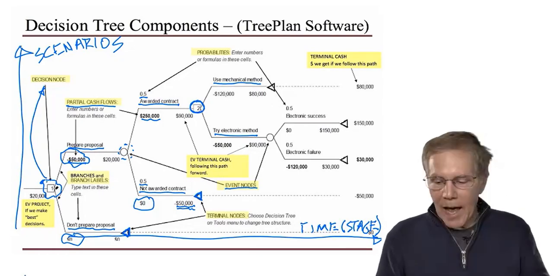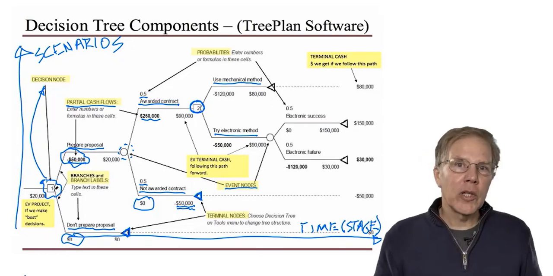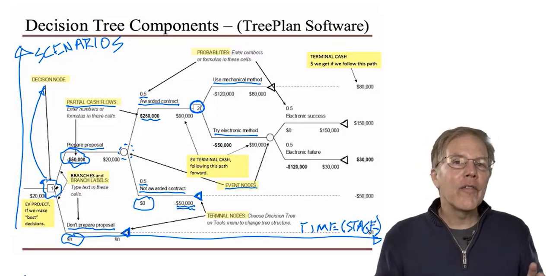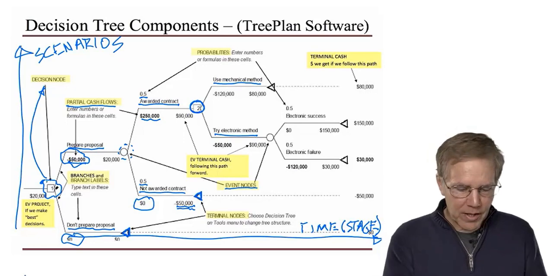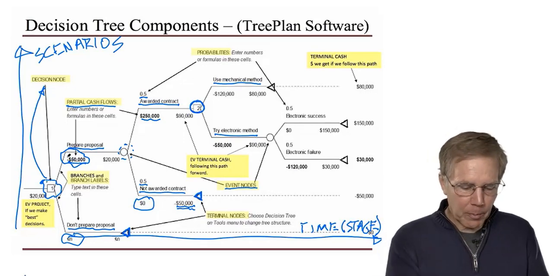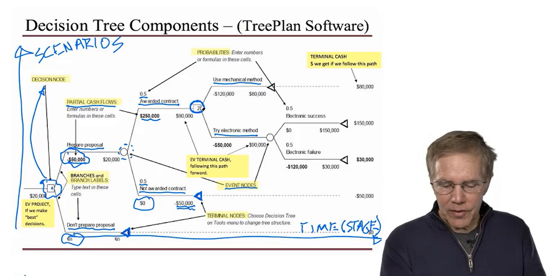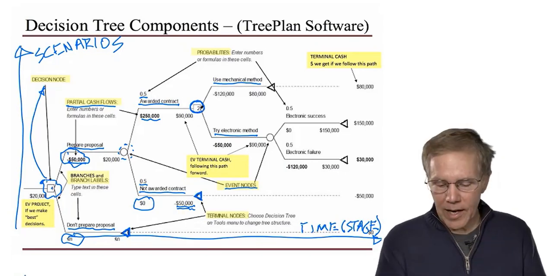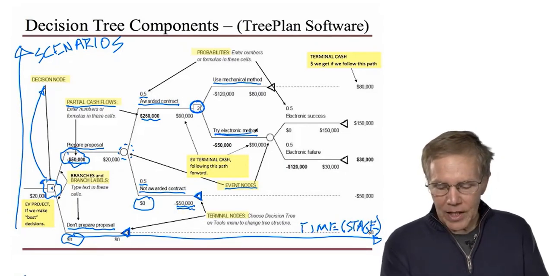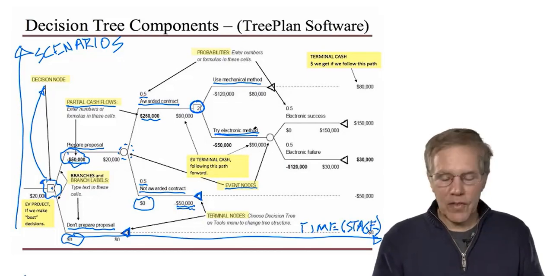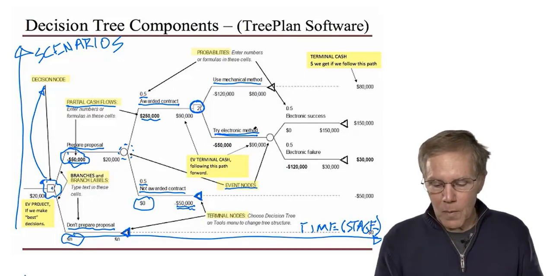The TreePlan software is telling us that, from its perspective, the best thing for us to do is to go ahead and prepare a proposal. One means take the first branch here. And then when we get to this decision node, if we're awarded the contract, we want to try the electronic method. The TreePlan software believes that's the best thing for us to do.